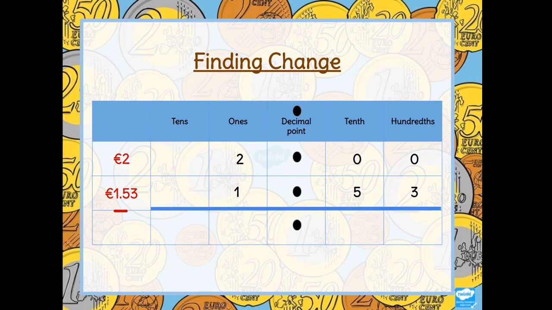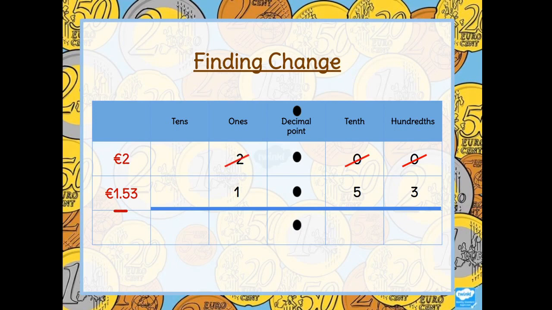We are going to subtract 0 take away 3. Obviously we can't do that, we cannot take 3 if you have nothing, so you're going to borrow from the tenths. But we have a problem here, the tenths don't have any either to give you, so you need to borrow from the ones.